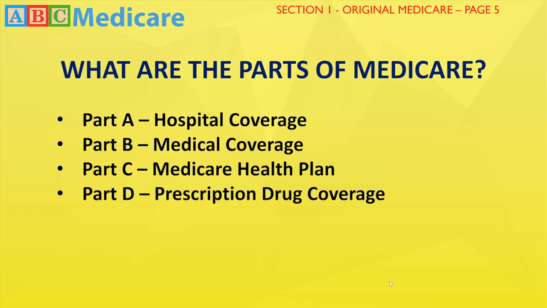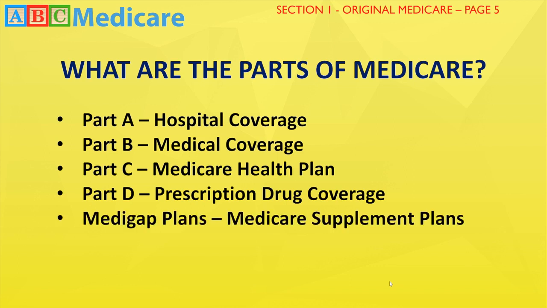And then Part D, which is prescription drug coverage. Standalone drug plans are known as a PDP or a standalone prescription drug plan. And then Medigap plans, which are also known as Medicare supplement plans, those are really not a part of Medicare like the first 4 parts are, but Medigap plans or Medicare supplement plans only work with Original Medicare.